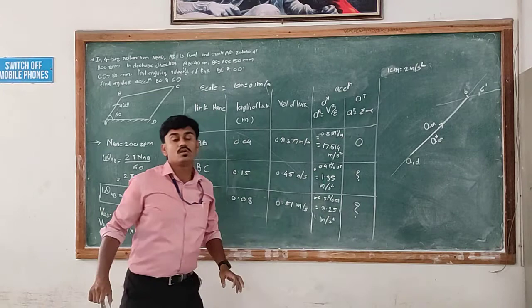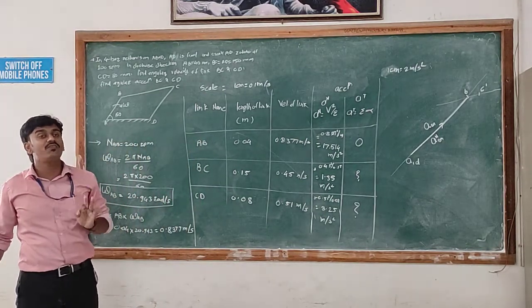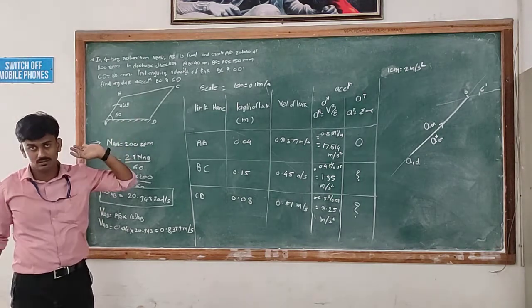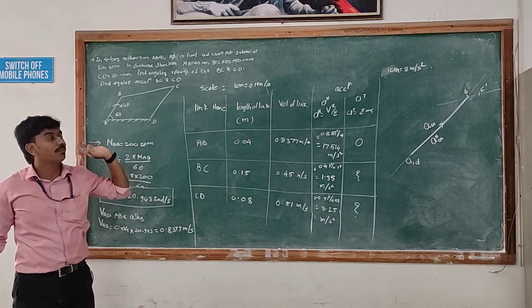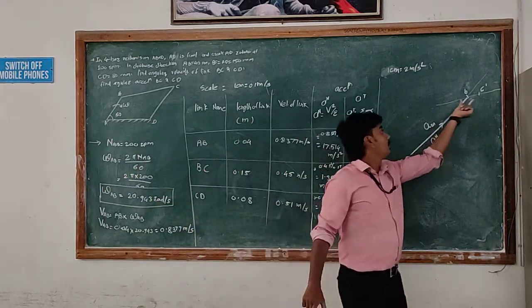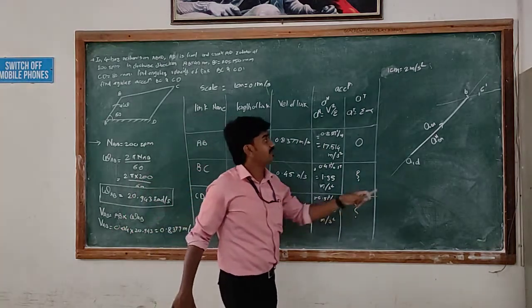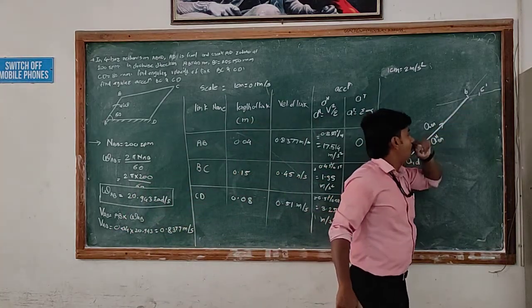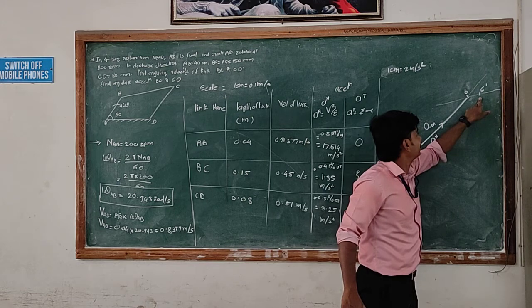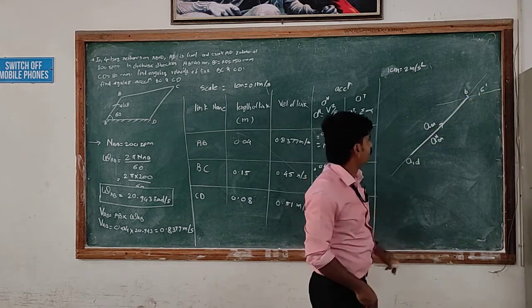Okay. Now, the tangential component of acceleration is always perpendicular to the link. It means the tangential component of acceleration is perpendicular to this BC dash. So we have to draw one line which is passing through this C dash and perpendicular to BC dash.